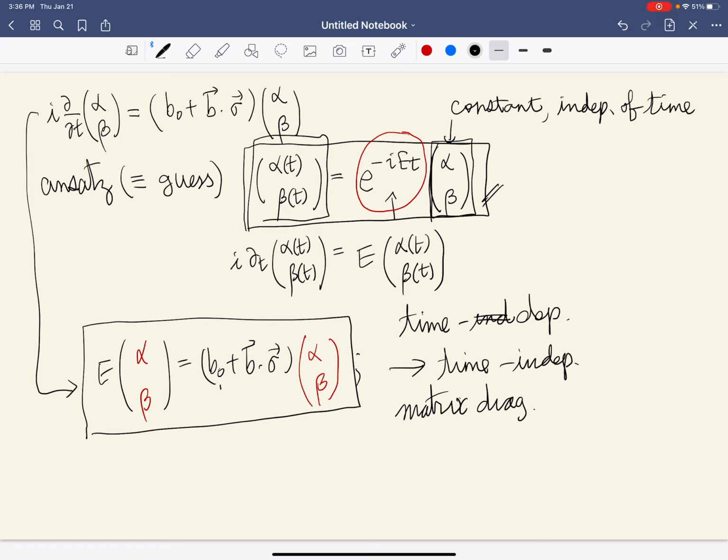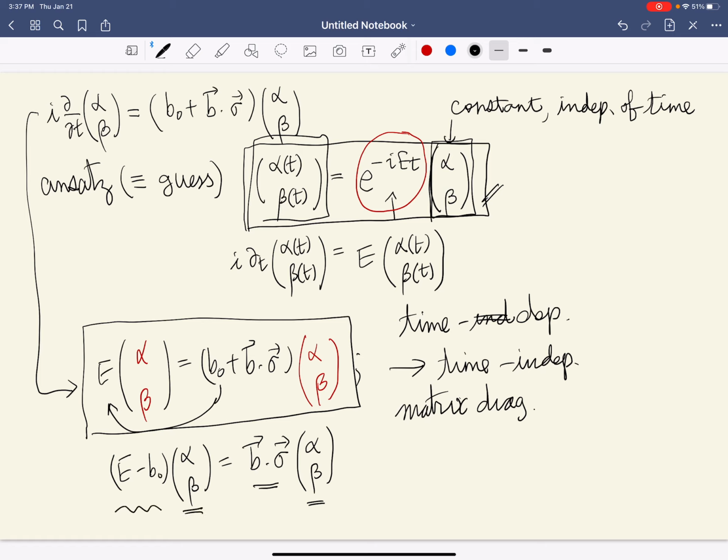So if you move this B0 to the left-hand side, then maybe this statement, matrix diagonalization, will become more obvious. Okay, so we have some matrix multiplying a certain vector, which turns out to be equivalent to that vector just multiplied by some number.